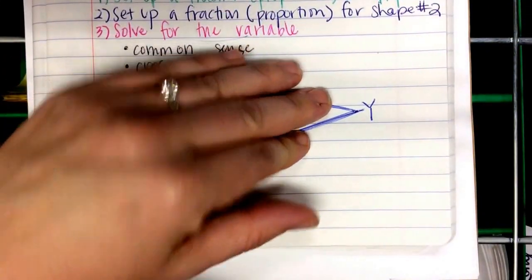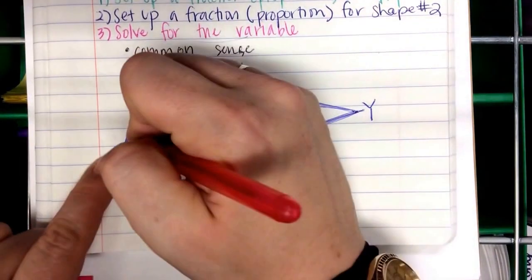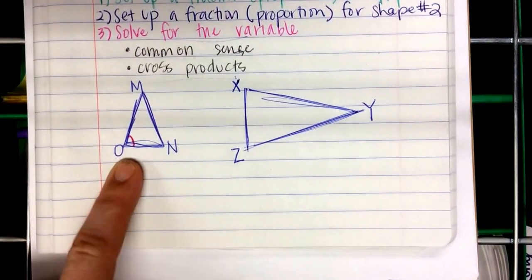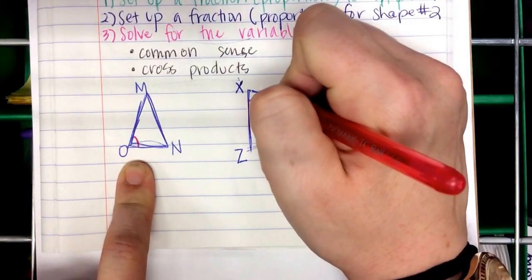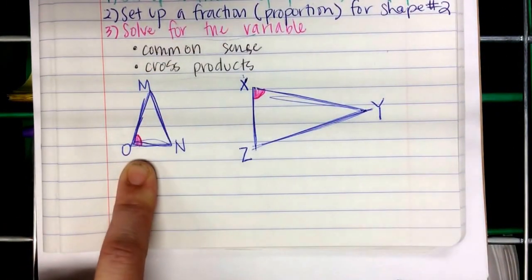However, it's rotated. So what angle is corresponding to angle O? Angle X. Good. So sometimes you have to do a little bit of rotating in your mind.